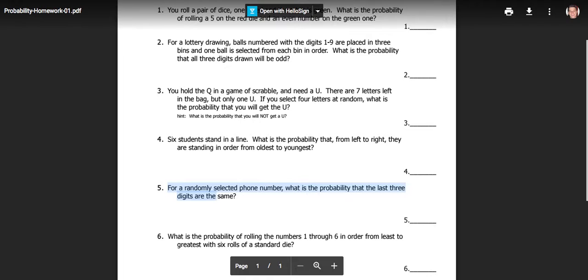So I have 6 students. Let's call them 1, 2, 3, 4, 5, 6. Okay. So what is the denominator in this question? I have 6 students.